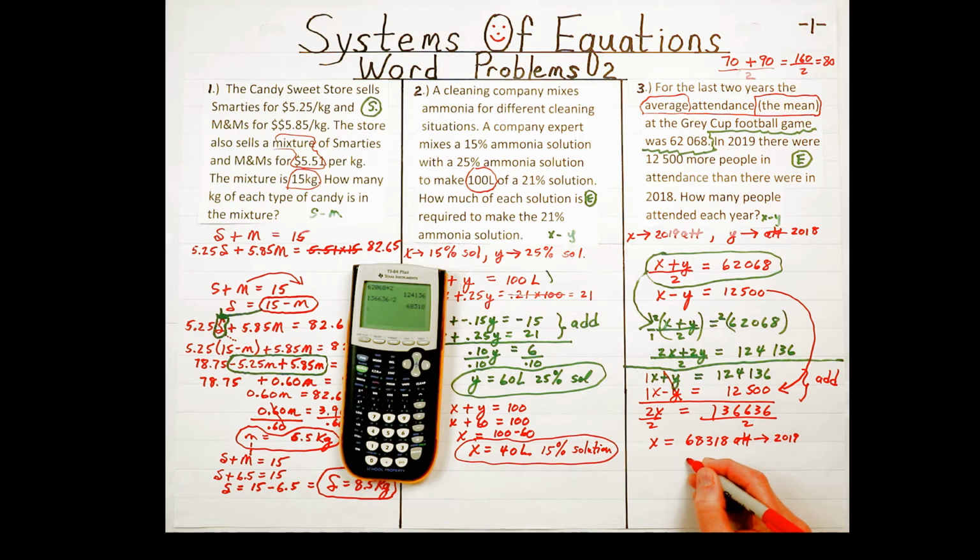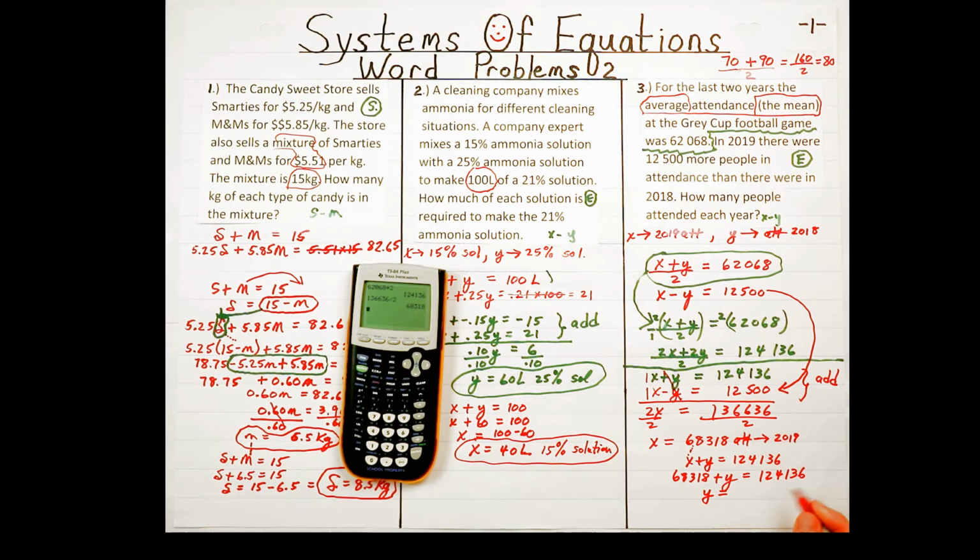So I'm going to take x plus y equals 124,136, and in place of x, we're going to put 68,318 plus y equals 124,136.